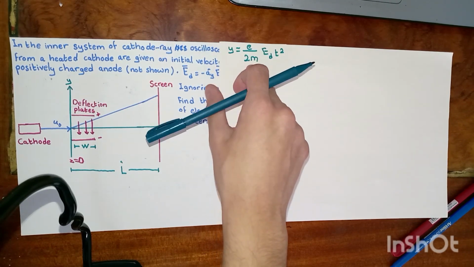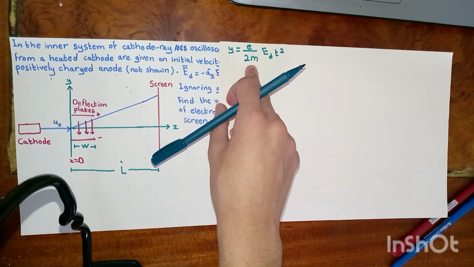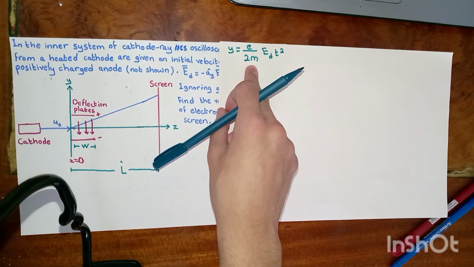as we see, this equation is the vertical position of electrons when it's moving between these deflection plates.